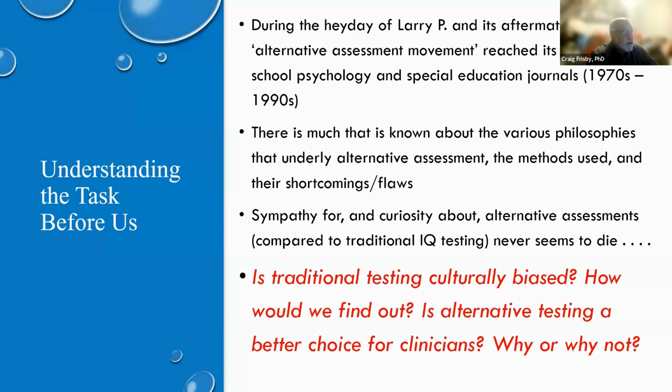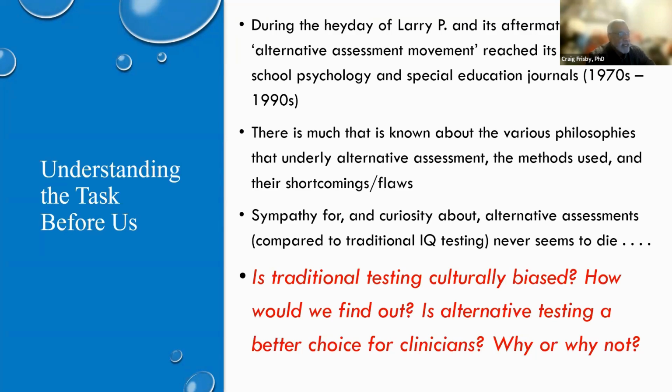And so now in 2024, even though some of those movements have died down a bit, we know a lot about the various philosophies that underlie the alternative assessment movement. We know a lot about the methods that they use and about their shortcomings and flaws. So, sympathy for and curiosity about alternative assessments compared to traditional IQ testing never seems to die.